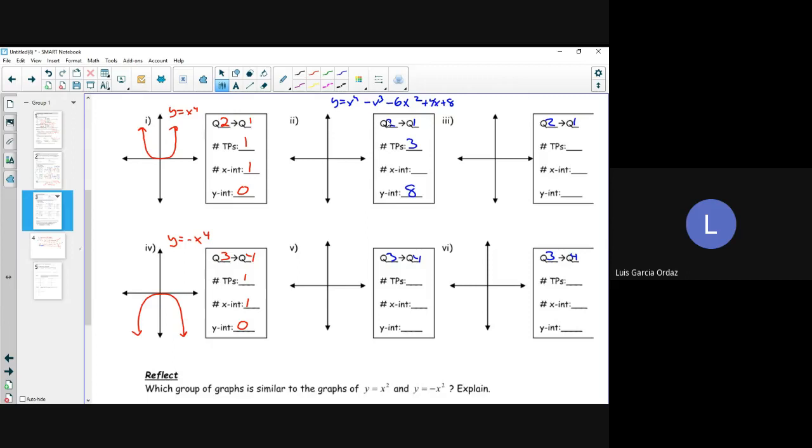Generally, there are most of the time n minus 1 turning points, like 99% of the time. So n is the degree of the exponent. But that isn't always the case. And you give us the graph, so just look at it.